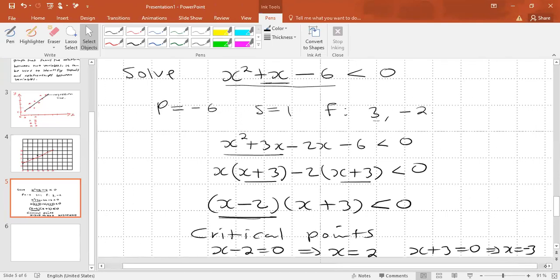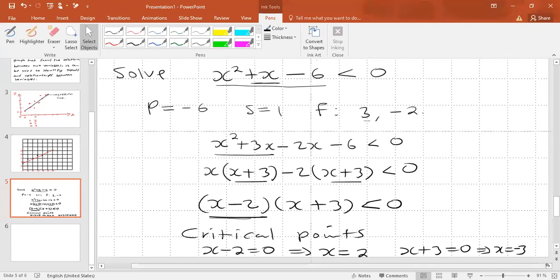You're using a phone. Go down again. That's the last part. What's the last thing that you can see? I can only see x minus 2, bracket, then bracket, x plus 3, bracket, less than 0. That's the last thing I see. So you can't see the critical points.